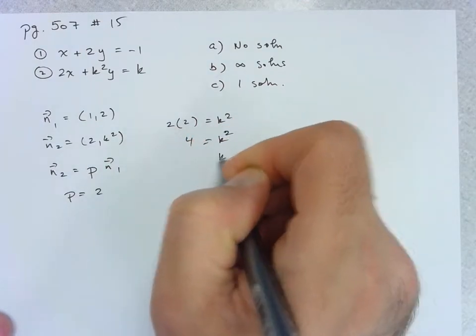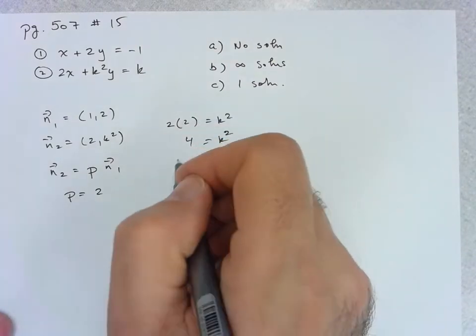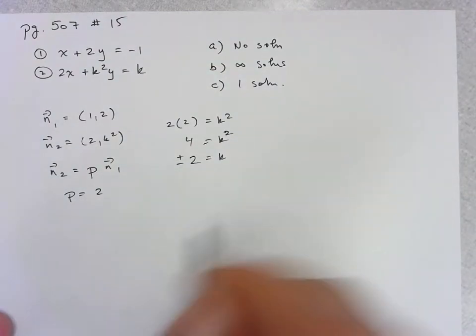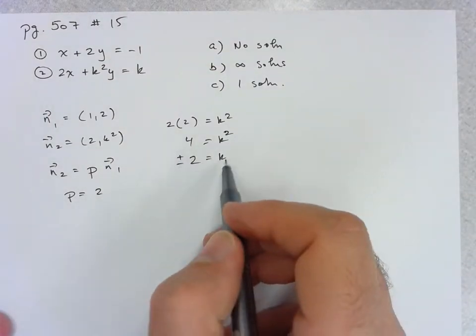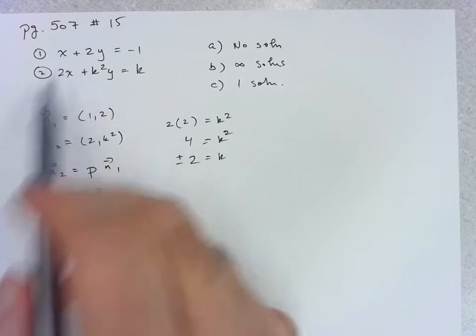And so k can be equal to, and folks, please do not forget, we're taking a square root, so it could be equal to positive or negative 2. These are the two scenarios that are going to give us parallel lines.